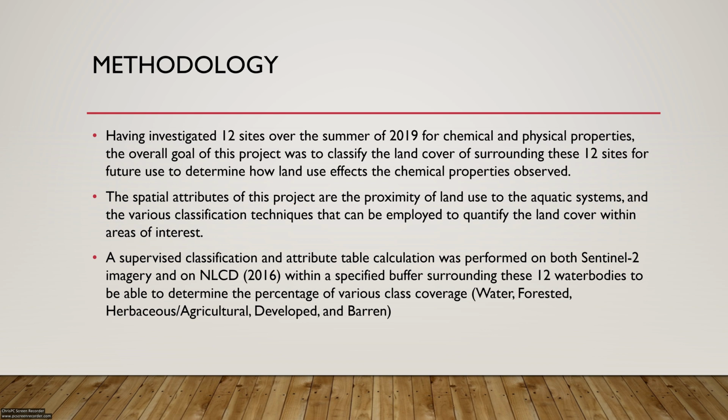I performed a supervised classification from both of the Sentinel-2 images, and then compared that with the NLCD classification surrounding these 12 water bodies. And the classes that were formed were water, forested, herbaceous, agricultural, and then developed and barren.